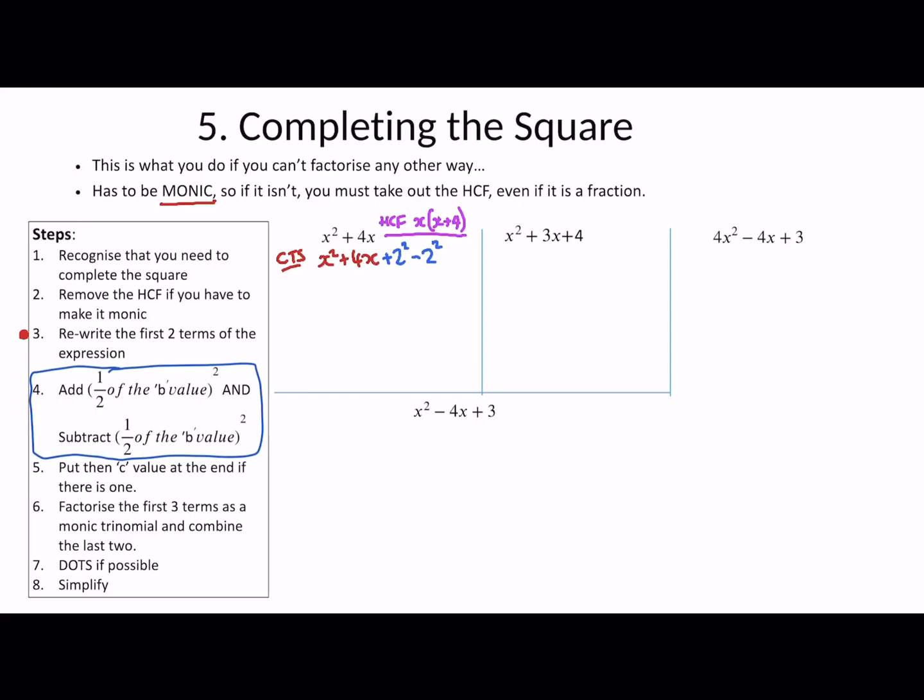Now the best bit about this is, you see how I've left it as 2 squared? I didn't go and evaluate 2 squared and write 4, because these first 3 terms will always factorise as a monic trinomial to, in this case, x plus 2 in brackets all squared.